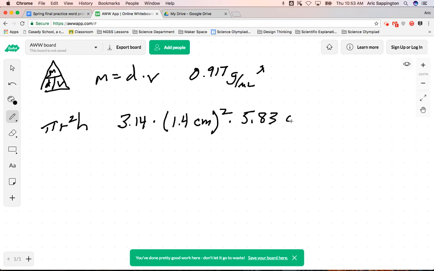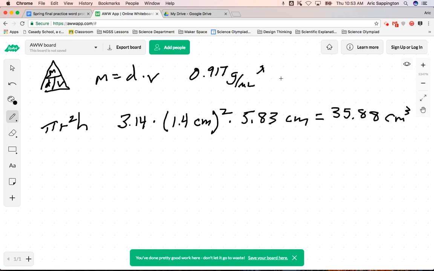5.83 centimeters. So remember, do this first on your calculator. So take 1.4 times 1.4, then times pi, then times the other centimeter measurement. So we're going to end up with centimeters squared times a centimeter, which is going to give us centimeters cubed. And in this case, we're going to end up with something like 35.88 centimeters cubed.